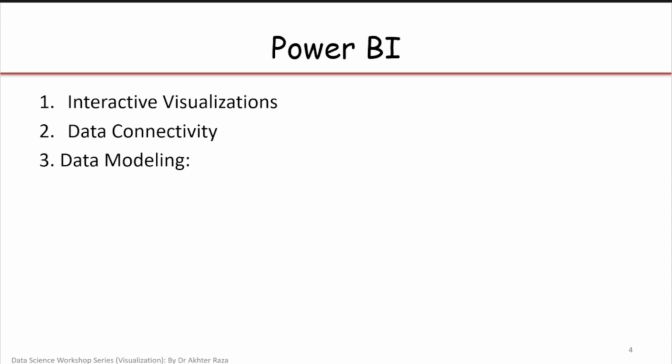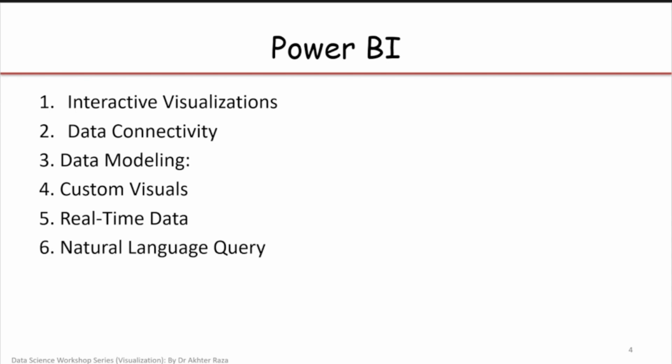Data modeling is also an important feature of Power BI. We can make connections between the tables and create relationships among the different tables. This is called data modeling. Custom visuals can also be included. Real-time data can also be reflected in our reports. Another important feature is the natural query language.